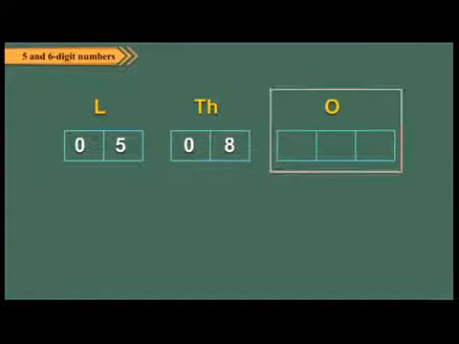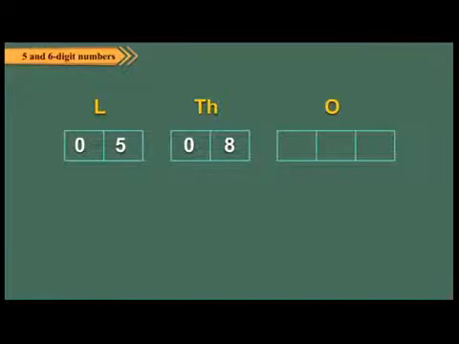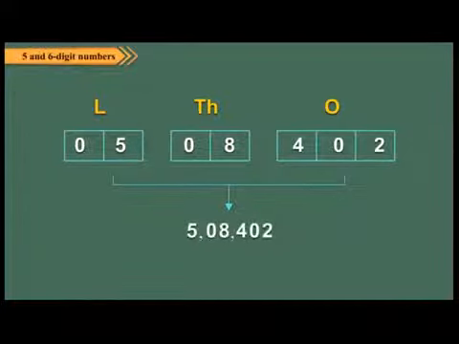Write hundreds, tens and ones in the third period from the left. Now, if the number begins with 0, drop it. While writing numbers in figures, we put a comma after every period to separate the periods. It helps us to read the numbers easily.